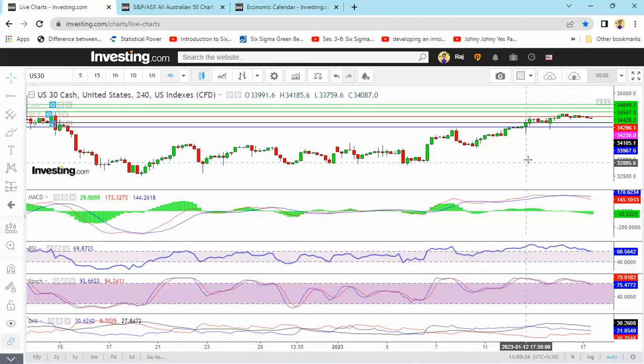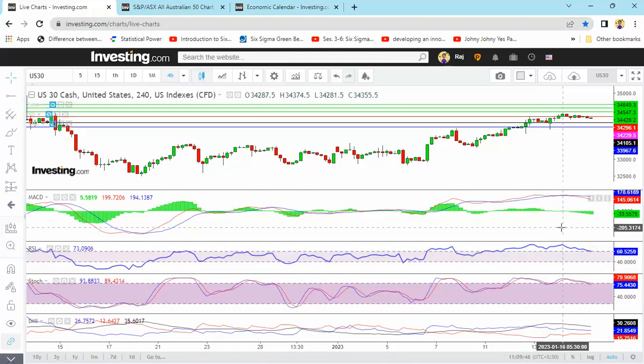Here, on the 4-hour, the MACD is also converging to the sell side. So retracements are expected. The current levels are not good for an entry for a long. RSI is also looking downwards.